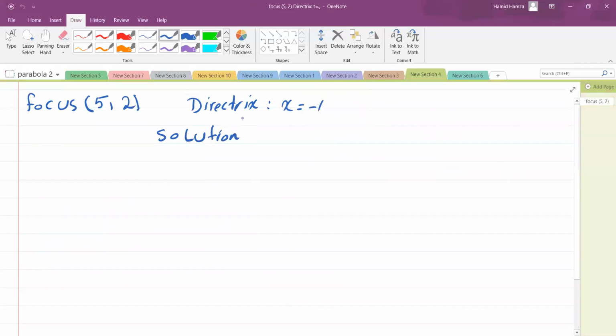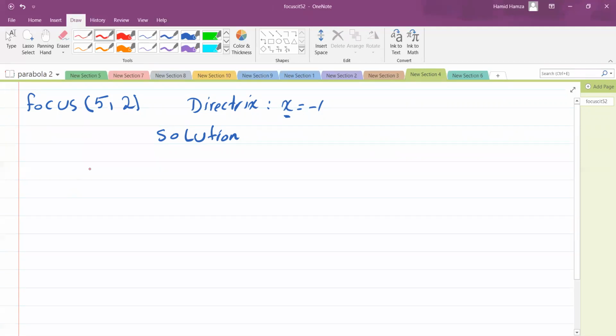For the second example, let's work with the same. Like the previous one, the focus is 5 and 2. The directrix is x equals negative 1. So here we change the letter. It is x, not y.